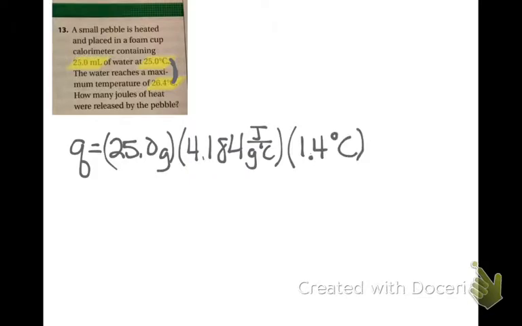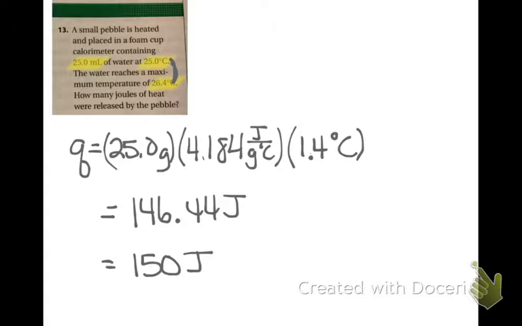I know the specific heat of the water is 4.184 joules per gram degrees C, and my temperature change is going to be 26.4 minus 25, and that gives me a temperature change of 1.4 degrees C. When I multiply all of these things together, I get 146.44 joules, and I would go to 2 sig figs, so 150 joules. And that would be the answer for number 13, the work for number 13.